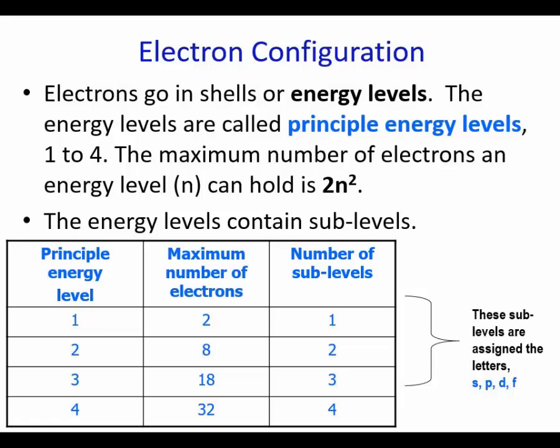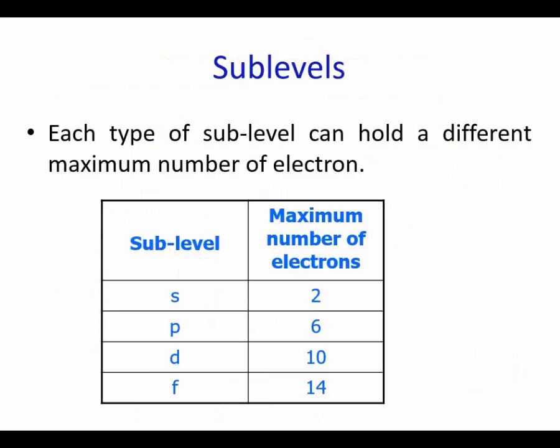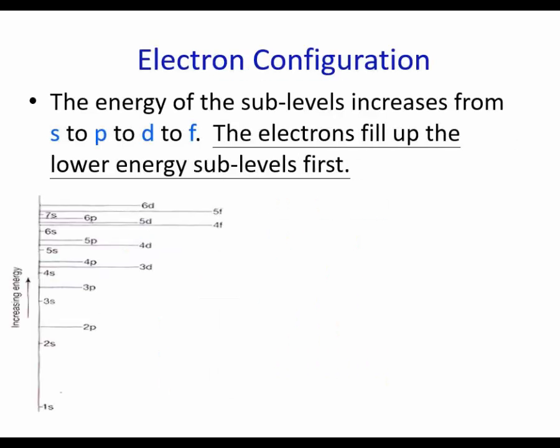The principal energy levels, the number of electrons and the number of sublevels need to be known. So the values are given here in this table of sublevels, and also there is a more accurate description here, the electron configuration showing you the order and showing the convergence.